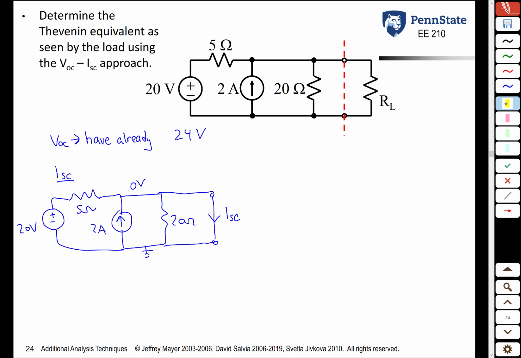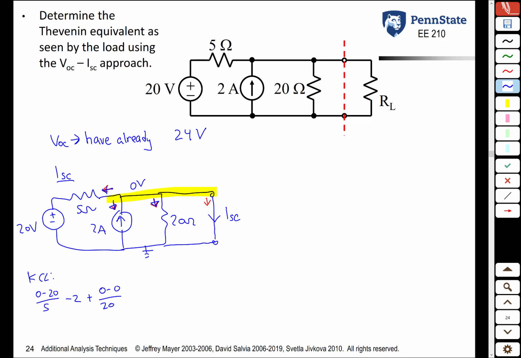We can now use KCL along here, and we see that that current plus that current plus that current plus that current has to be 0. So let's do the KCL. Current to the left is 0 minus 20 over 5 ohms. Current going down here is -2. The current going down here is 0 minus 0 over 20 ohms.